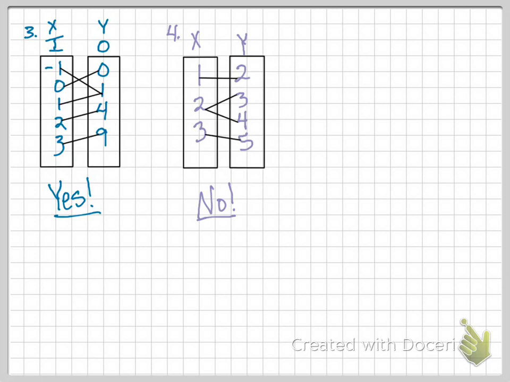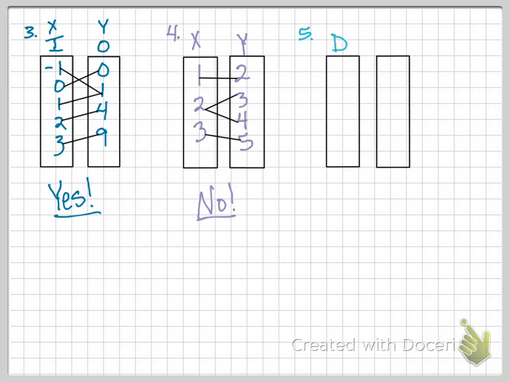Alright, and lastly, we have number 5. We have our domain and our range, our input and output, or our x and y.